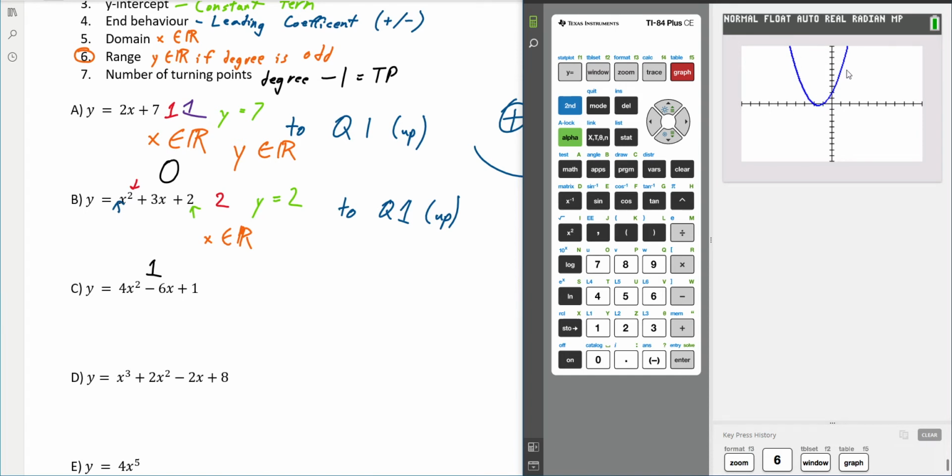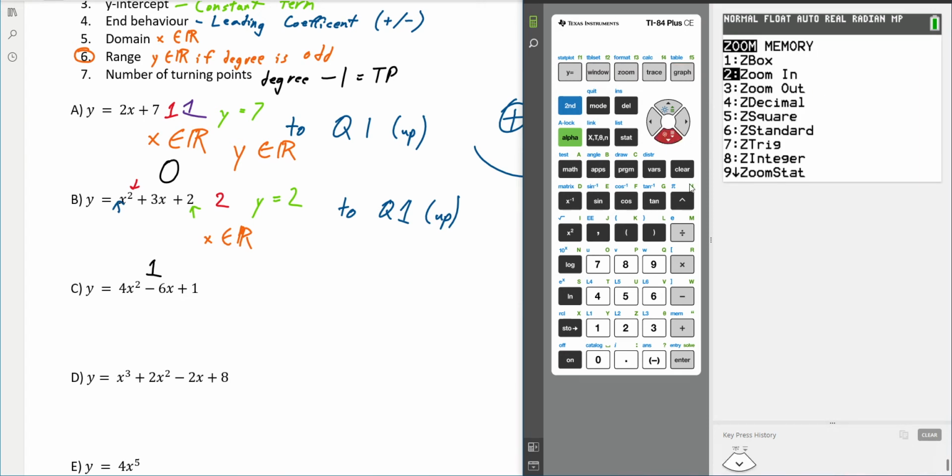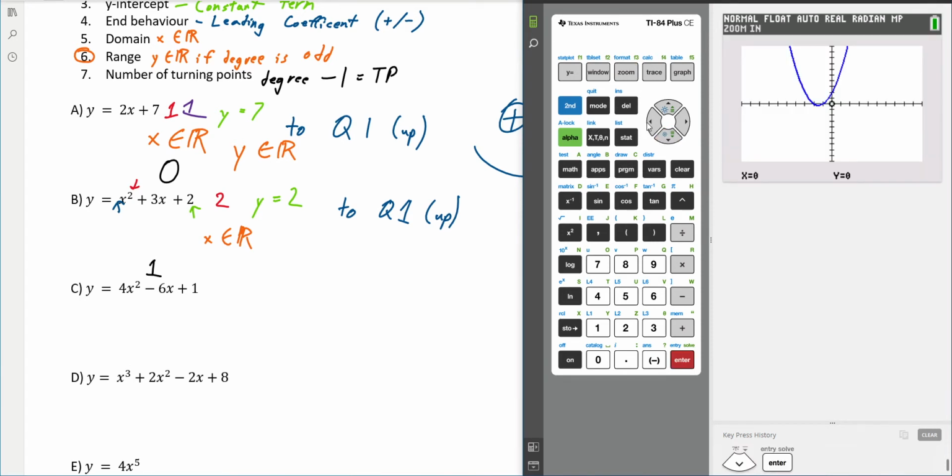Okay, so now we have our graph, and maybe this is not entirely clear. So let's zoom in a little bit. We can zoom in just by going like that, and then putting our crosshairs where we want to go. It zooms in, and now we can see that we actually have 2 x-intercepts.